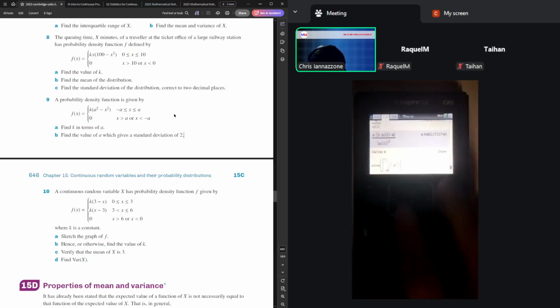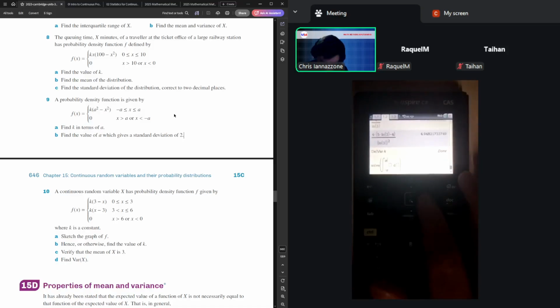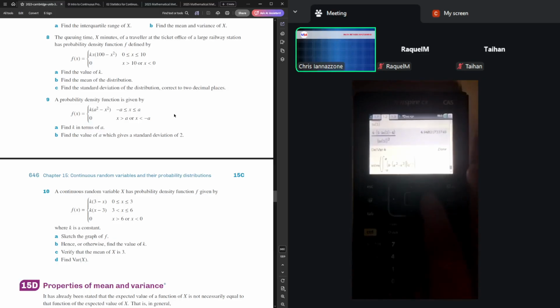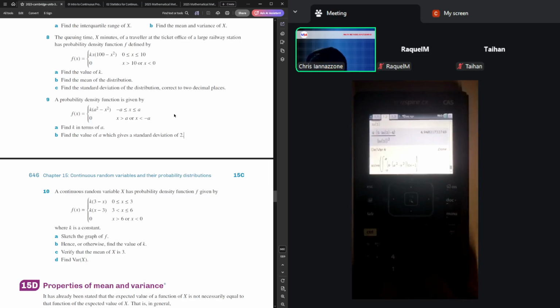Shift plus negative a to a, the function is k times a squared, take x squared. Area under the curve needs to be equal to 1, comma, not comma a, sorry, comma k, finding k in terms of a.